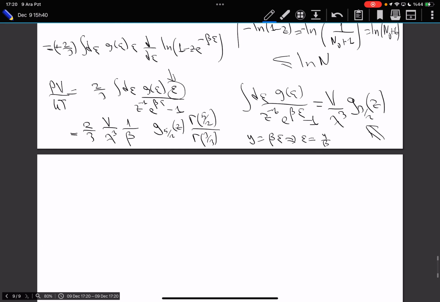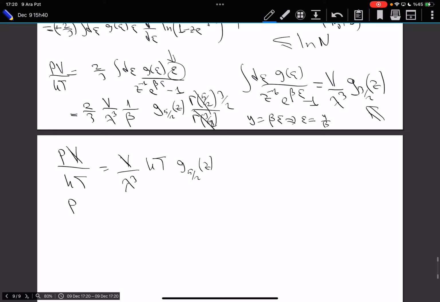Okay, trust me with this result. Then PV over KT is just 3 over 2 V over lambda cubed times KT g 5 over 2 of z. Well, V's cancel.